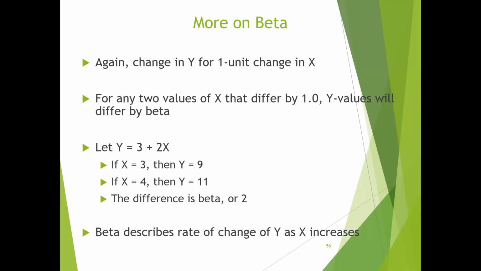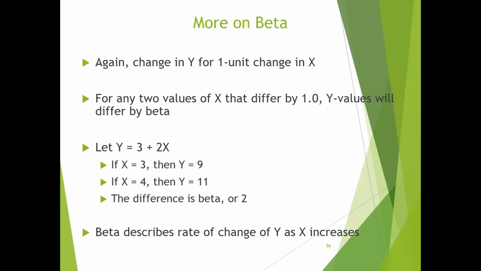If X is equal to 3, then Y is equal to 9. If X increases by 1 unit, then Y is equal to 11. The difference between 9 and 11 is the slope, or beta.